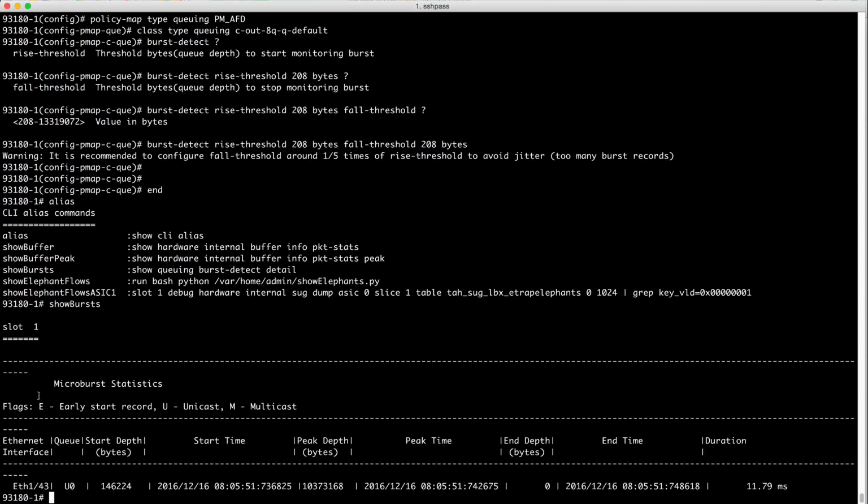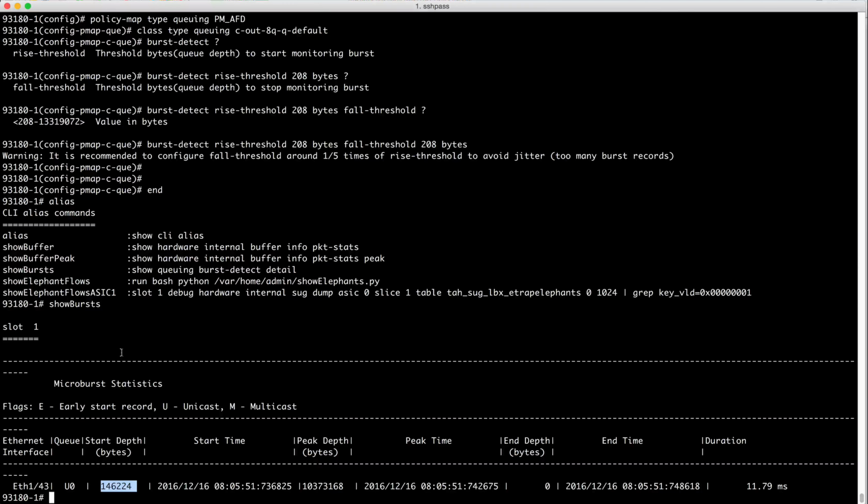It just happened, and we see what egress interface was impacted by the burst, because remember we do egress queuing. We see the queue, which is here unicast Q0, and we see a start depth and a peak depth. Because we do hardware polling, but there is some interval at which we do it, at the time when we start to see the burst, it might already have started.